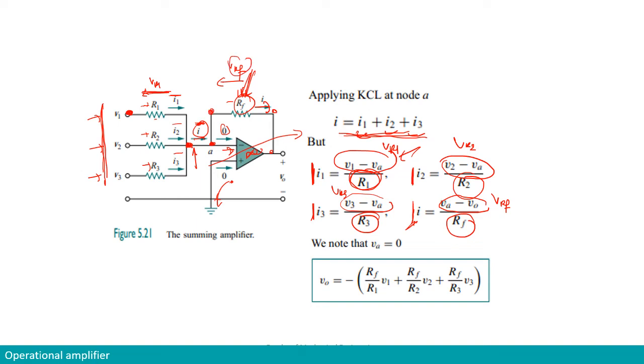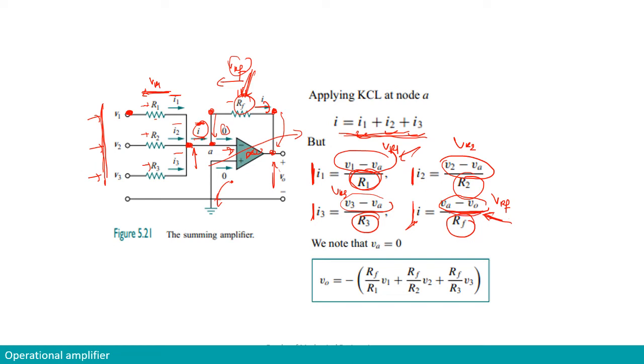This point is the same as this point, so it is VA. And this point is the same as this point, which is the point of the output voltage, VO. So that's why at the end here VRF is VA minus the output voltage, VO.